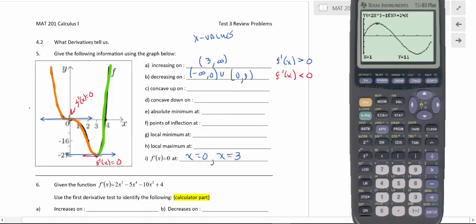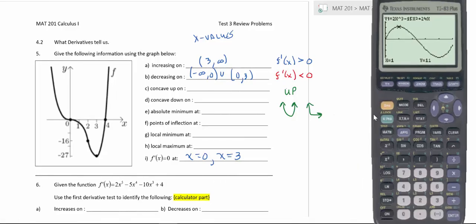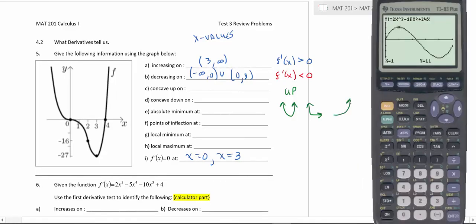Okay, now I'm going to erase this stuff I did on the graph and start over again, because now we can begin to look at the concavity. When I look at the concavity, the thing you want to remember is this. Concave up can look like this, it can look like this, or it can even look like this. So it's a smiley face or half of a smiley face.